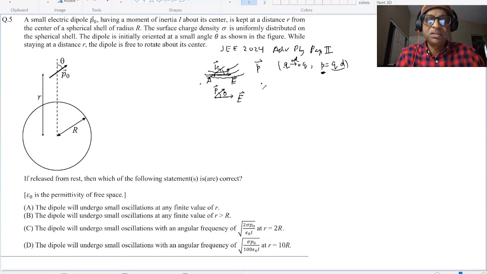Then you can ask what's the force on P by the electric field, or the torque on P by the electric field. So if you know these formulas, then it will help you. So it's going to be del of P dot E. There might be a minus here.